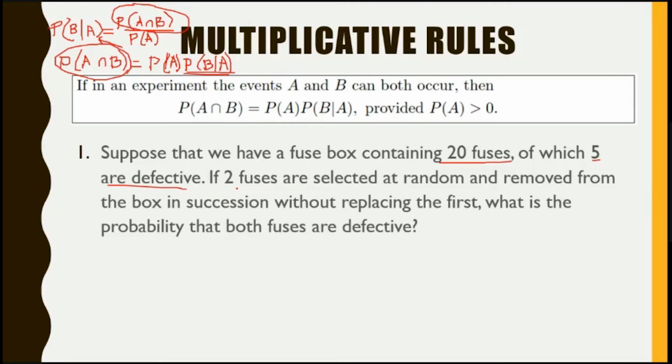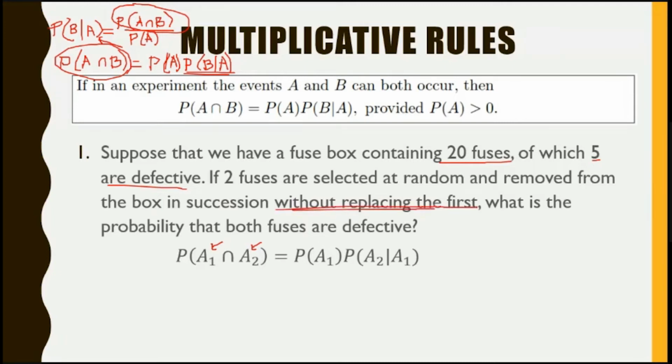Going back to our equation, A sub 1 denotes that the first fuse selected is defective, and A sub 2 would be the second fuse is also defective. And take note that we won't replace or put back the first fuse.